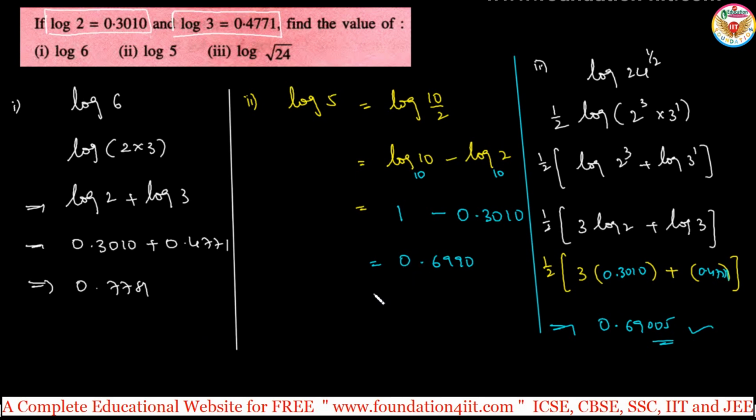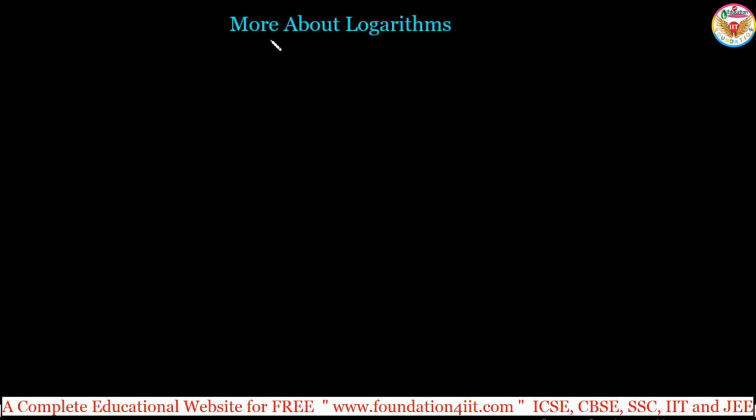Let us see now more about logarithms. Apart from the product rule, quotient rule and power rule, let us see some other concepts in logarithms, and I'll explain problems based on them. So already we know 2 to the power 3 is equal to 8, right? In logarithmic form, log 8 to the base 2 is equal to 3, right?